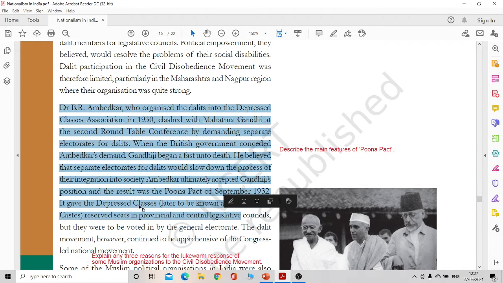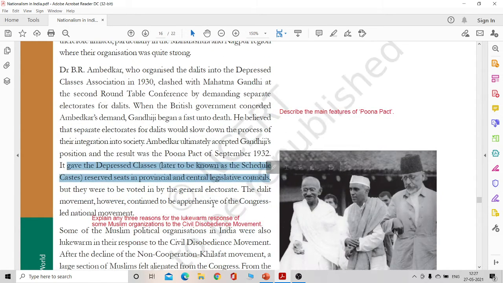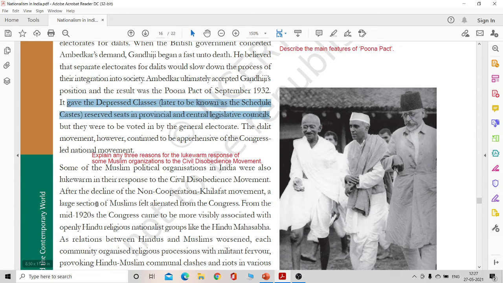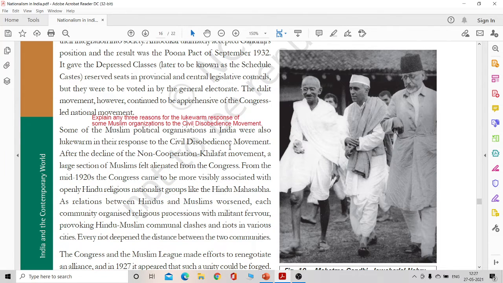And finally, the Poona Pact of September 1932 gave the depressed classes reserved seats in provincial and central legislative councils, not separate electorates. Right?